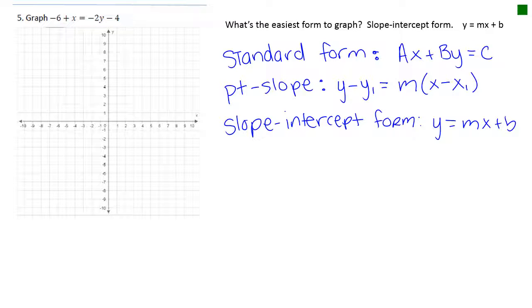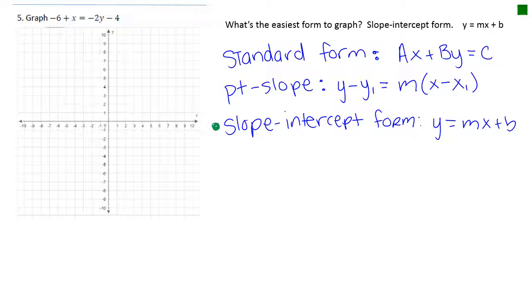This equation right away doesn't look like any one of our three forms. So what we're going to have to do is rearrange it to one of those forms in order to help us graph. Typically, the quickest way is going to be slope-intercept form. We want to rearrange the equation to get the y by itself.